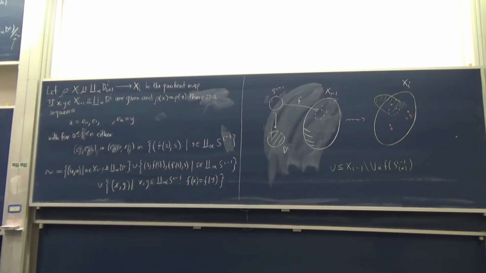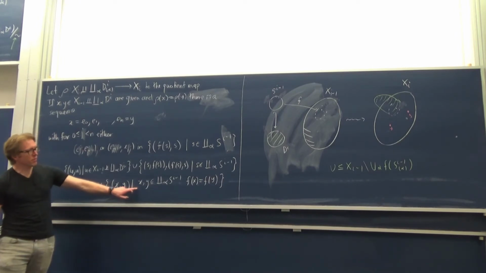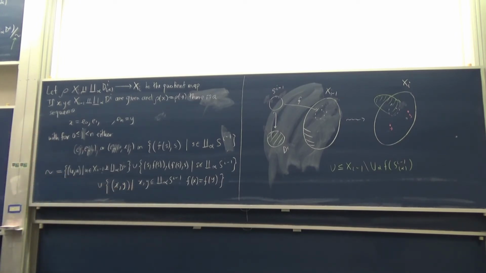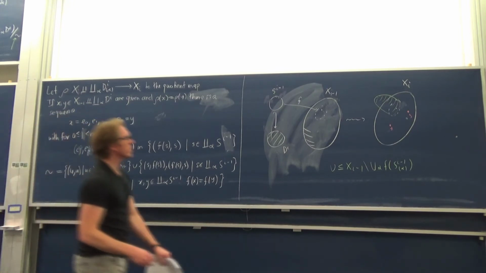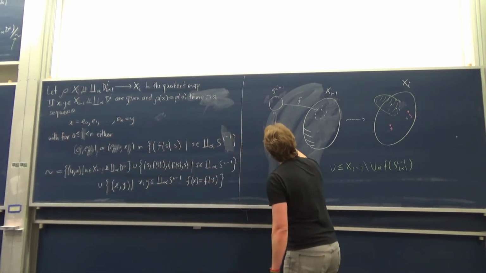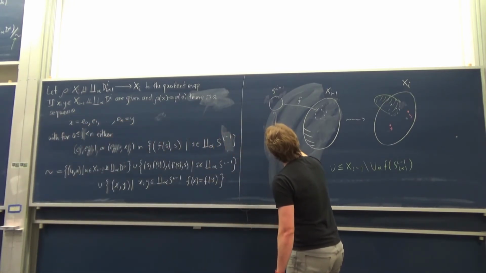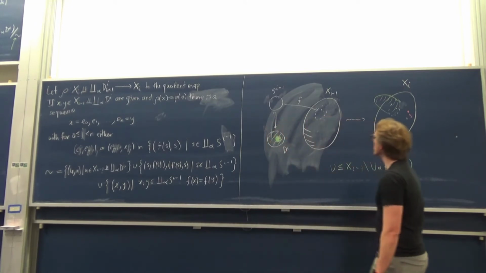The map on the whole disk is not injective because of this stuff here, right? Points on the boundary can get identified. But restricted to the interior, it's injective. All right, so that takes care of it. So maybe I'll draw it here. So imagine this is an open subset of the open part of the disk, BI.